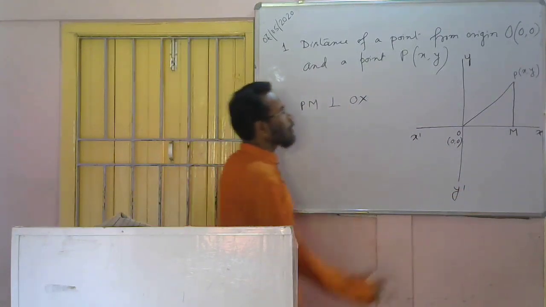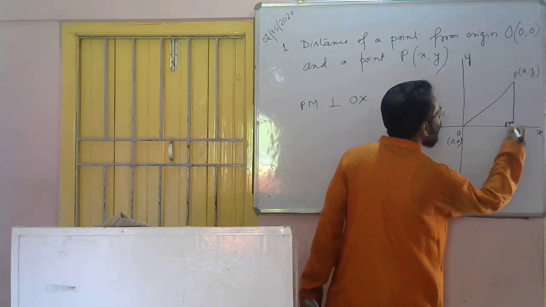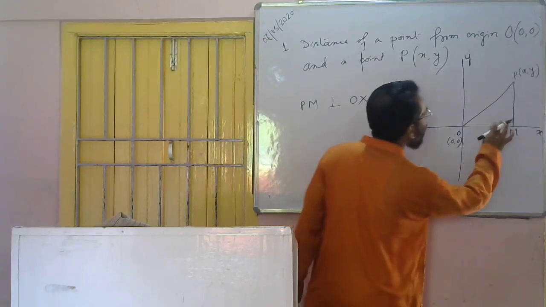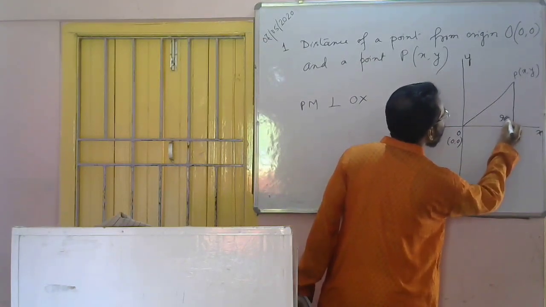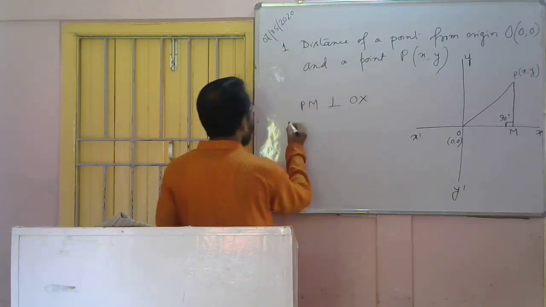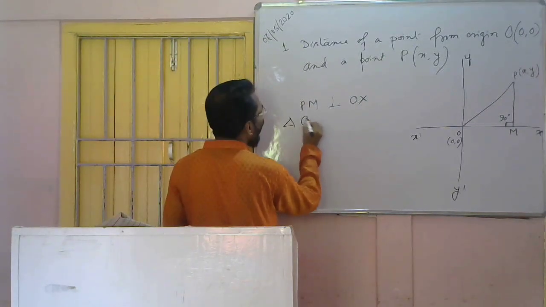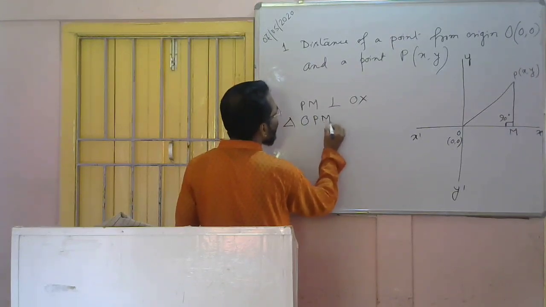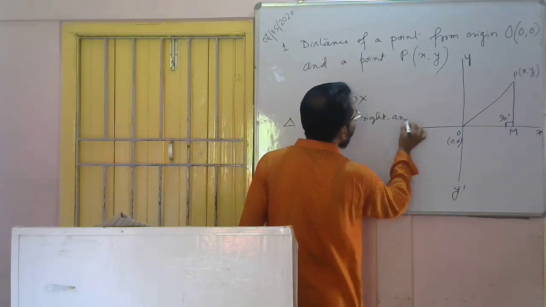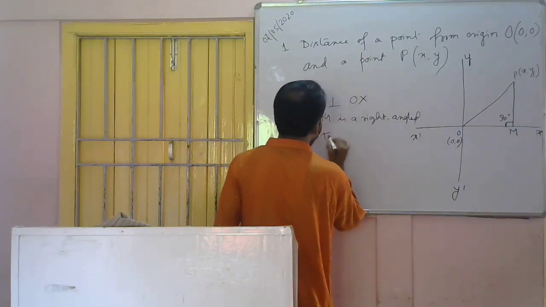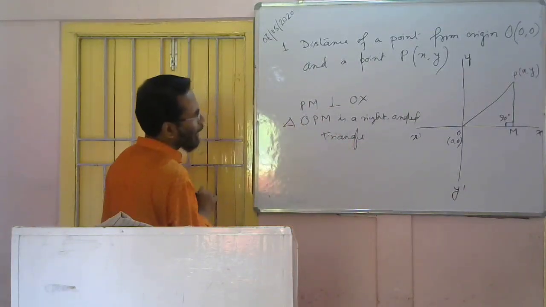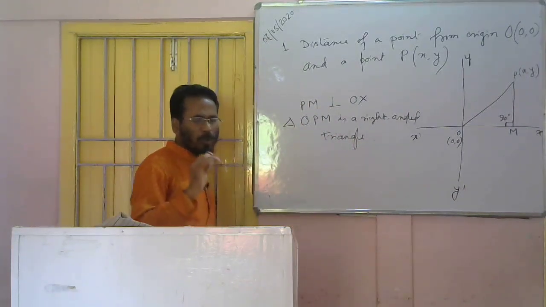That's why this angle is 90 degrees, and as this angle is 90 degrees, triangle OPM is a right angle triangle.